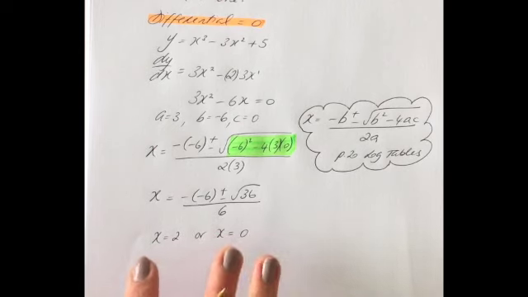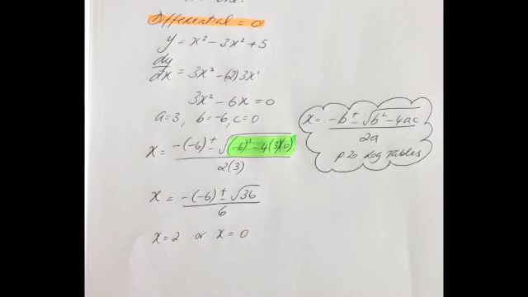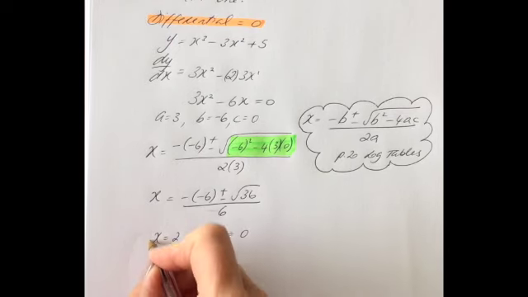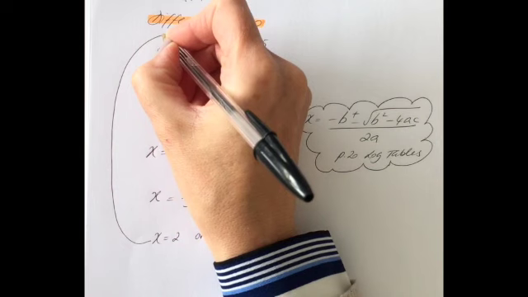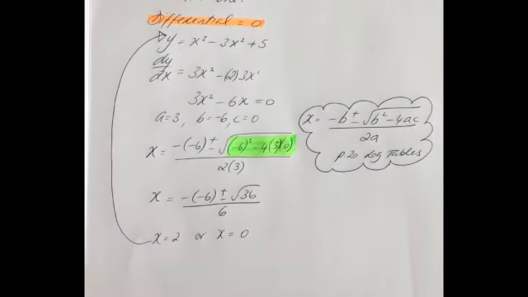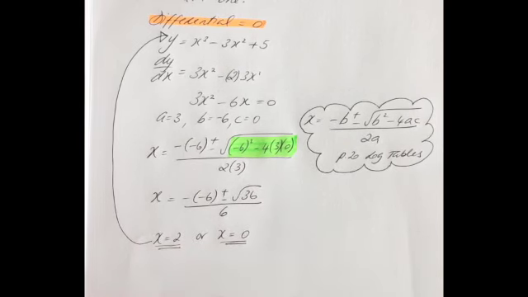Okay, so they're the x coordinates of the two turning points, but now I've got to go back and get the corresponding y coordinate values. So remember, what we do is we take our x values and we've got to sub it right back into the original, and that's how we get the remainder of our points. Always remember, you need not just the x but the y coordinate point as well with a question like this.